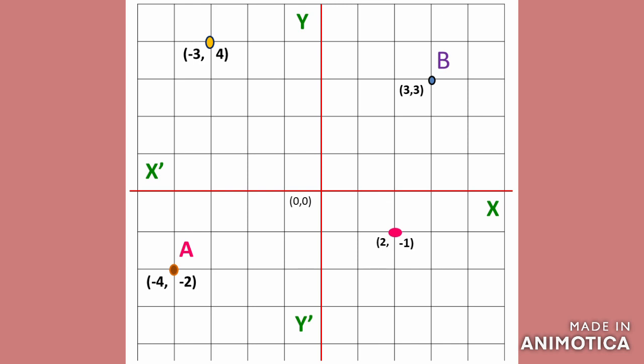Similarly we will find out the coordinate of point A, and very clearly we can understand that point A is in the third quadrant. Third quadrant means here x will be negative and y will also be negative, because the x-axis and y-axis are both number lines, and in the third quadrant the negative part of the x-axis is there, and the y-axis also has its negative part here. -4 for x and -2 for y.